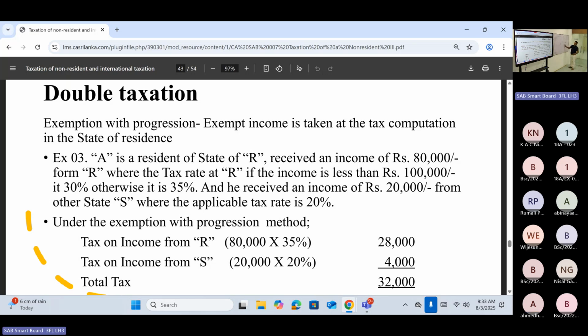Right. So in the second scenario, exemption is progressive. Right? If there are differential tax rates based on the taxable income, we account that income. We determine the tax rate with that income, but we are not taxing that income in the country where the person is resident.